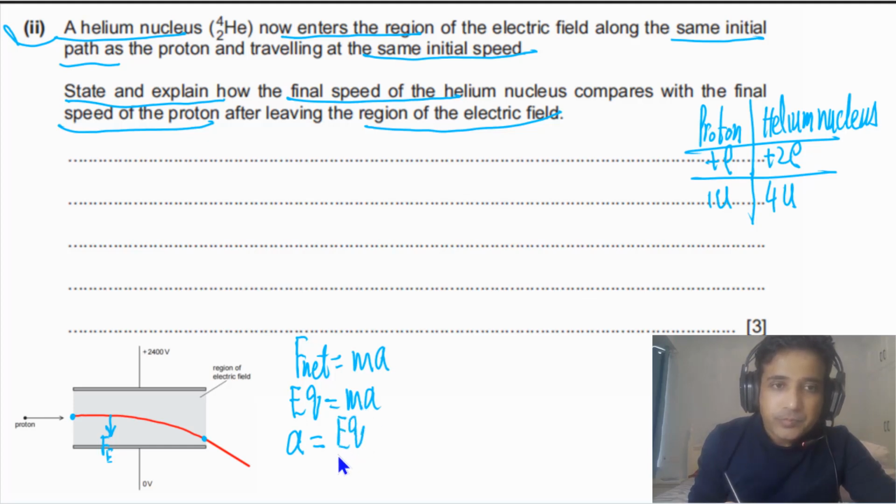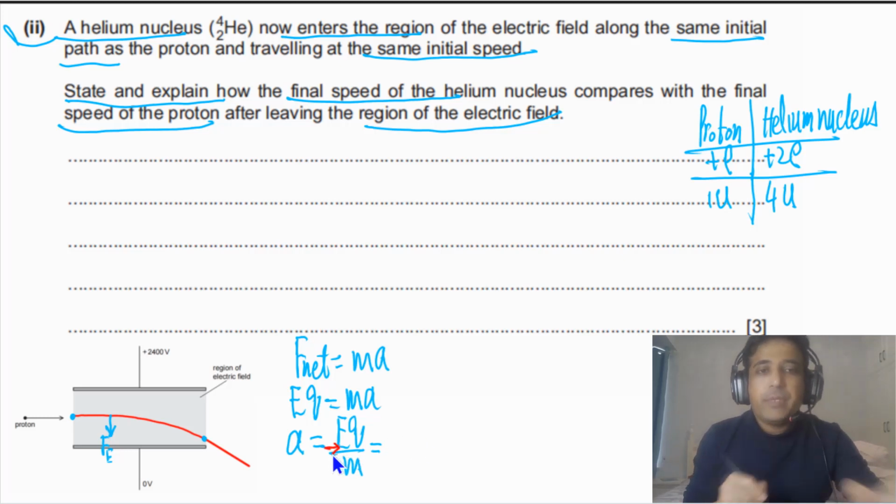In this case the electric field is the same, so both particles are in the same electric field. Now, let's say the charge on the proton is q. So the charge on the helium nucleus will be 2q.